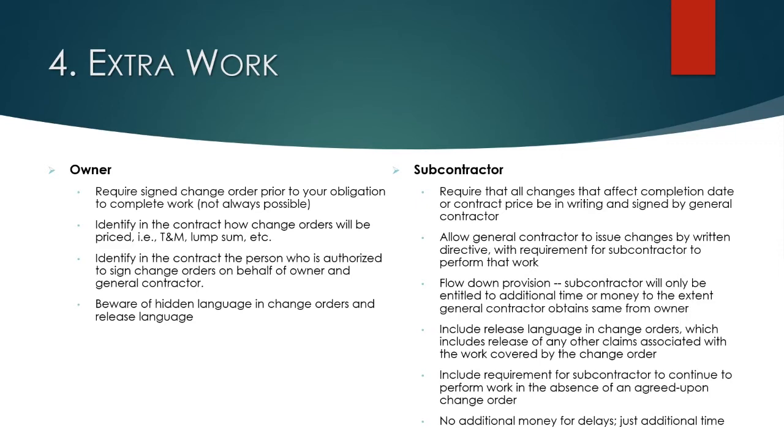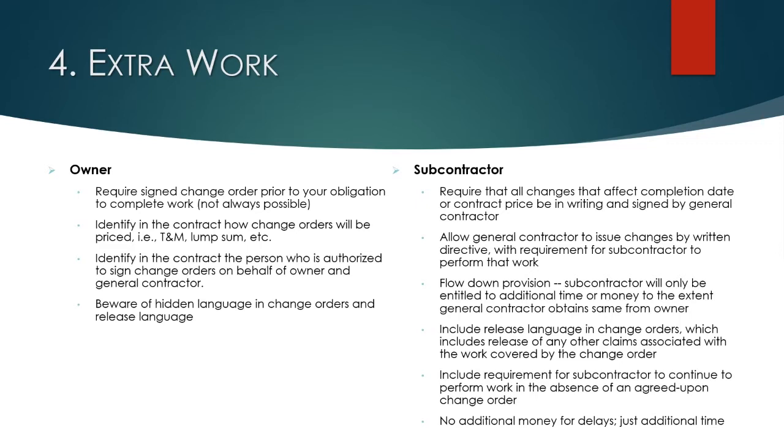So Joe Smith is the authorized person to sign change orders, but Sam Smith signs them. And so you can get into an argument that Sam Smith was not authorized to sign the change orders. So to the extent you can, spell that out in your prime contract or your subcontract, so there's no dispute later on that a certain person wasn't authorized to sign them.